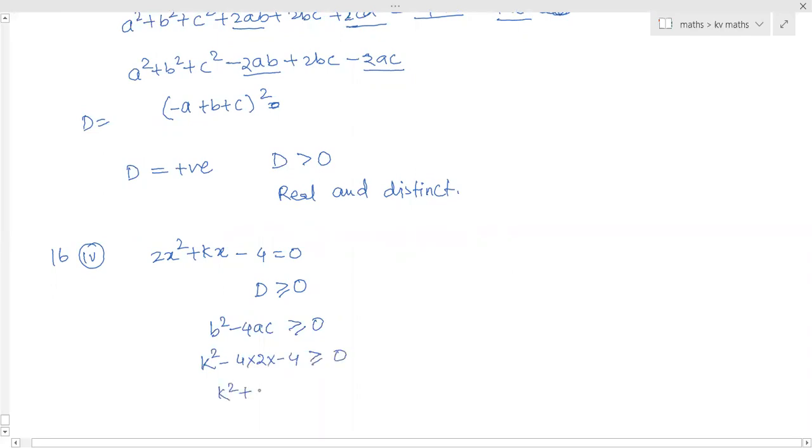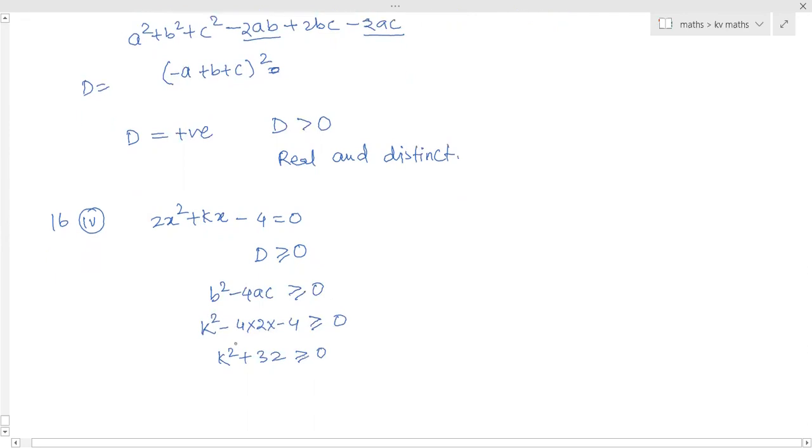K square plus 32 is greater than or equal to 0. K square is a positive term. Any value of k gives a positive term, and this is 32. So k square should be greater than or equal to minus 32.